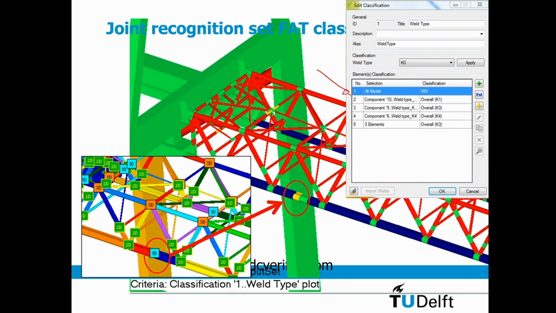If there's no joint, I have no welds and I have a W0 classification. All the locations here, this is a combined member.